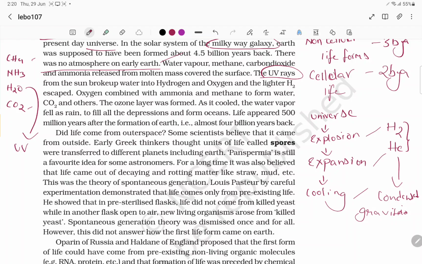UV rays from the sun broke up the water into hydrogen and oxygen, H2 and O2. The hydrogen was very light and escaped.